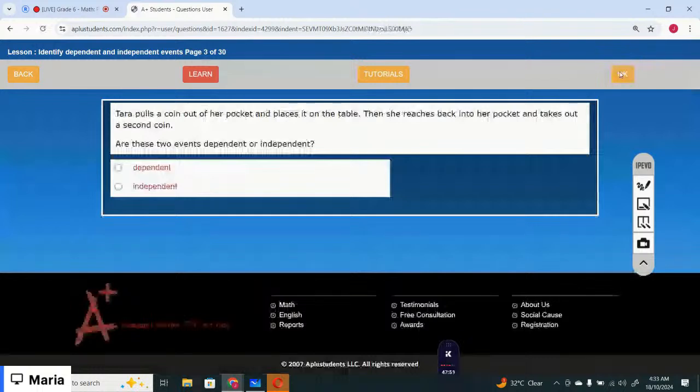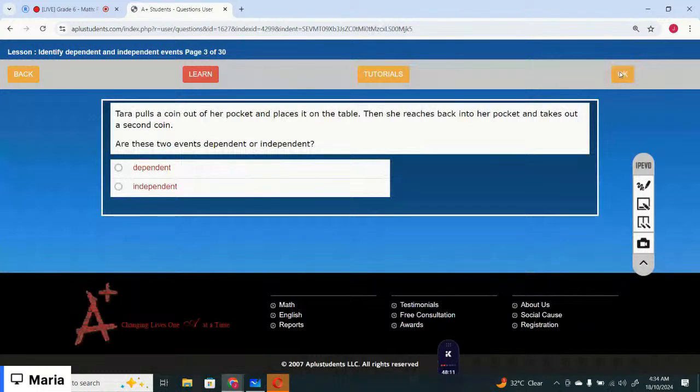Tara pulls a coin out of her pocket and places it on the table. Then she reaches back into her pocket and takes out a second coin. Are these two events dependent or independent? For the first time, she has four coins in her pocket, right?